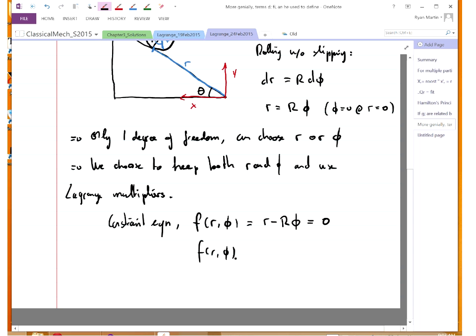So this f of r and phi is defined to be lowercase r minus capital R phi. So I can write the constraint between my two coordinates this way. I could write everything in terms of r or phi, but I'm going to choose to keep both, and I'm going to carry around this constraint everywhere.